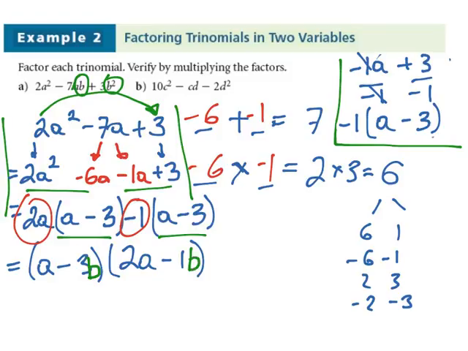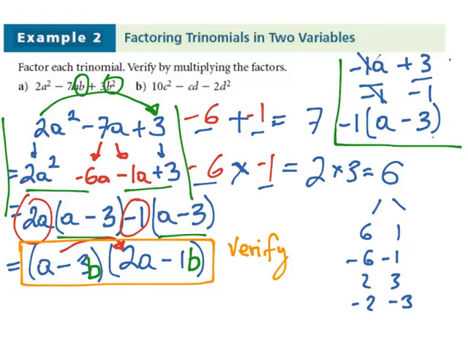And let's see if by distribution we get the same answer, or actually the same question, if we expand this. So let's expand this. I'm just going to bracket for you to show you that this is the answer first. And now we're going to verify by expansion. So a times 2a is 2a squared.